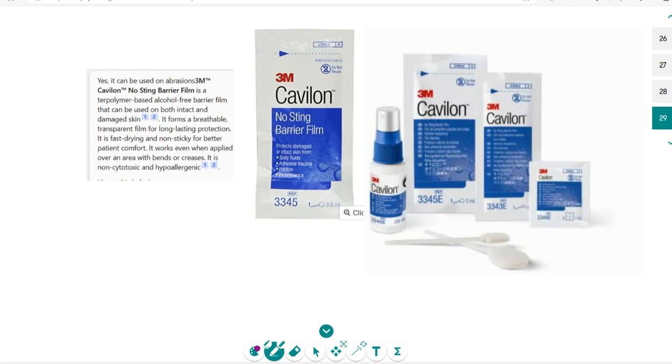A catheter will keep them dry, but it shouldn't be inserted only for the purpose of incontinence. So we should use other methods to keep the skin and abrasion dry. If we place a gauze, we said again that will not protect it from constant moisture. And so these are some examples of no sting barrier film. There's a spray here that we can apply, but there's also creams and things that we would use that protect the skin.